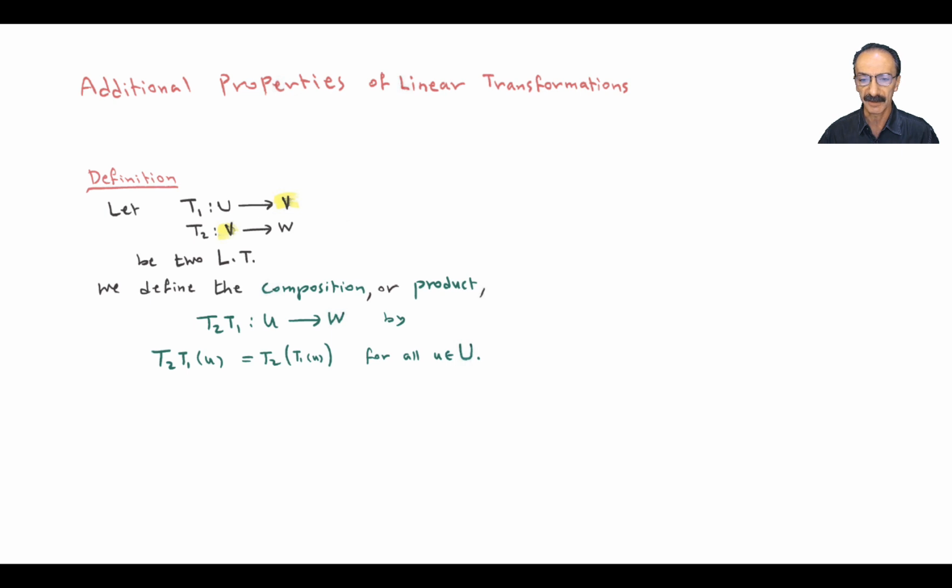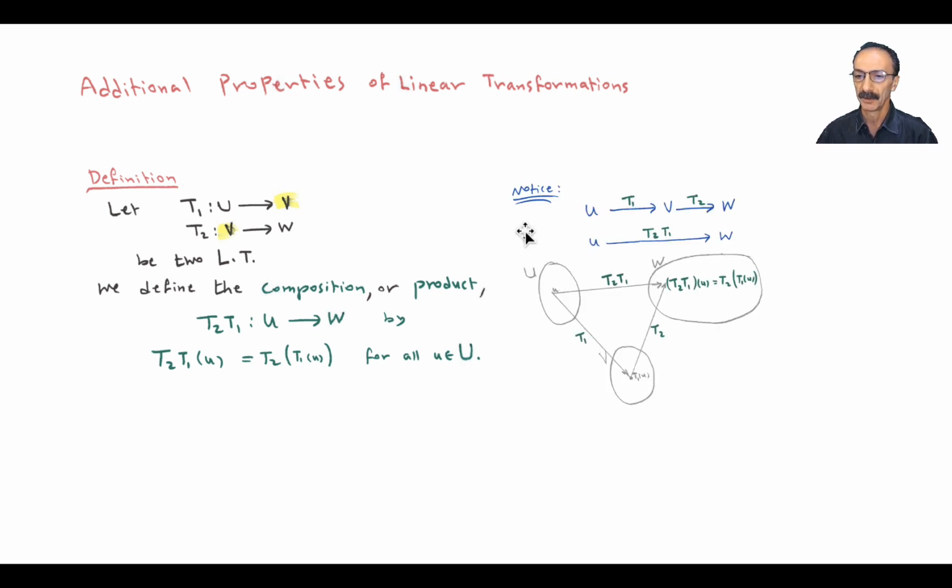Now let's look at an image that describes what's going on. Notice that T1 takes you from U to V, T2 takes you from V to W. So if you want to go all the way from U to W, it's called T2 after T1. As a picture, here's the vector space U with small vectors inside as small u.